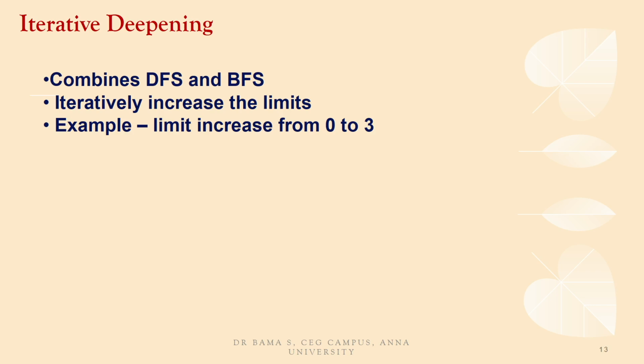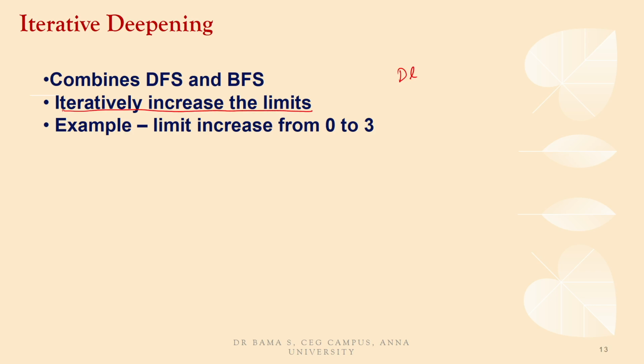Coming to the next search technique, iterative deepening. This combines both depth first search and breadth first search, and it is very similar to depth limited, except that we iteratively increase the limits. That limit earlier we had put as 2.